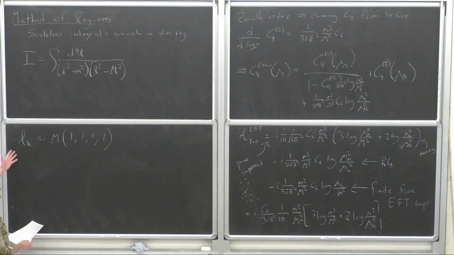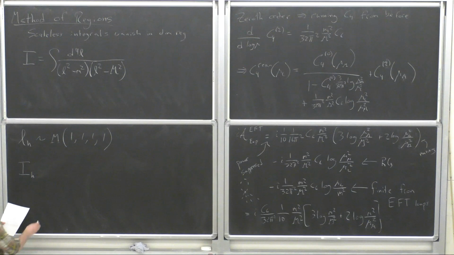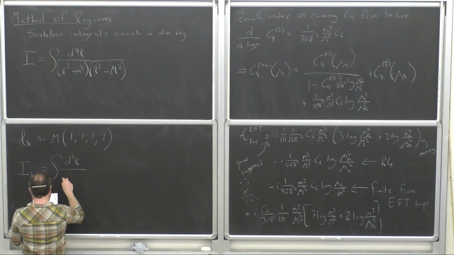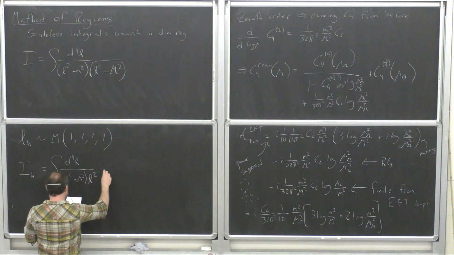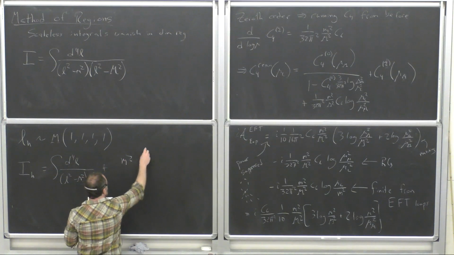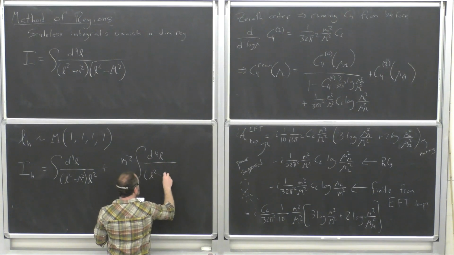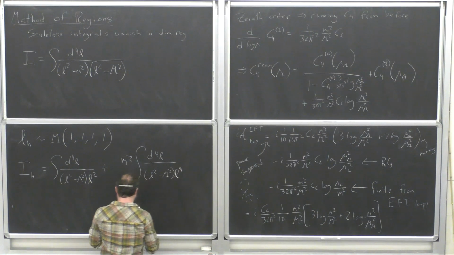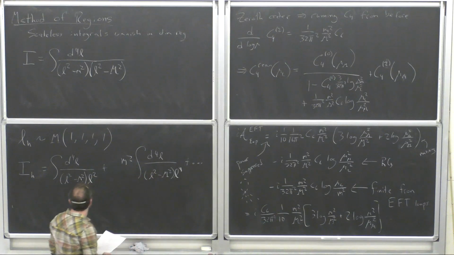When I assume this scaling and apply it in that integral, the hard contribution looks like this: integral d^4L over (L^2 minus M^2)(L^2 plus M^2), plus integral d^4L over (L^2 minus M^2) L^4, plus, of course, higher order terms.